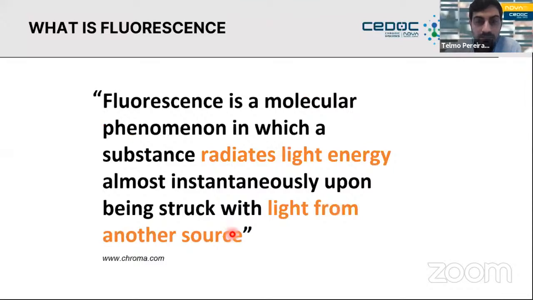So this means that you need a substance or molecule that will emit some light, and you need some light source to make that phenomenon happen. So let's find an example and see how this works exactly.